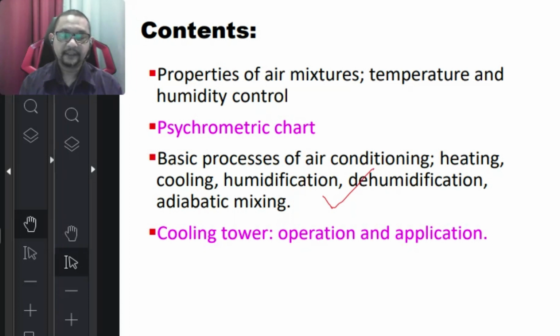So what do we have to do to feel comfortable? We have to do something to the environment. But keep in mind, as you all know, the environment is, for example, the weather.